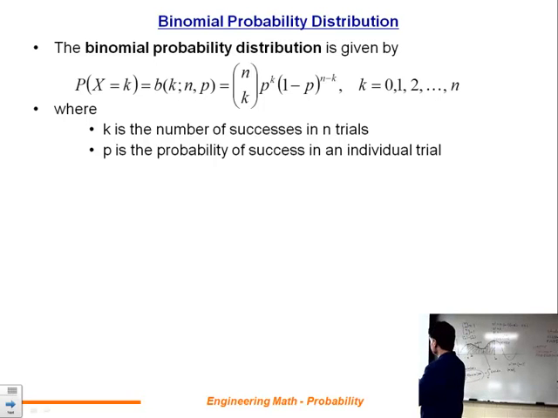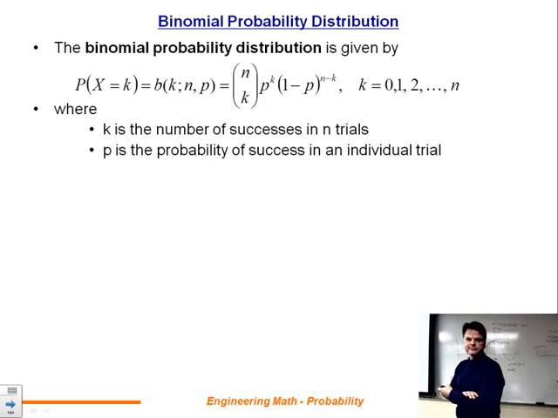It's notated by this convention: b of k given parameters n and p, where p is the success probability. It's n choose k times p to the k times 1 minus p to the n minus k. And this is true for all k from 0 to n.